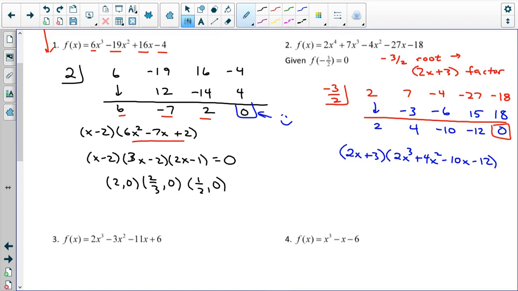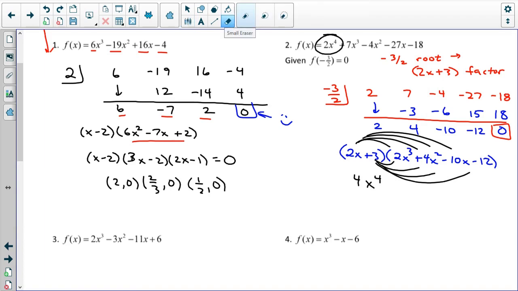It is wrong because if I distributed this out, I would get 4x to the fourth. Notice that I had 2x to the fourth. I can't get 4x to the fourth.